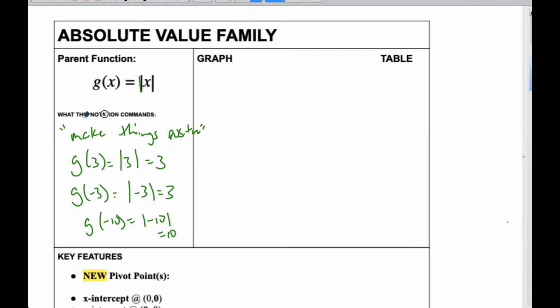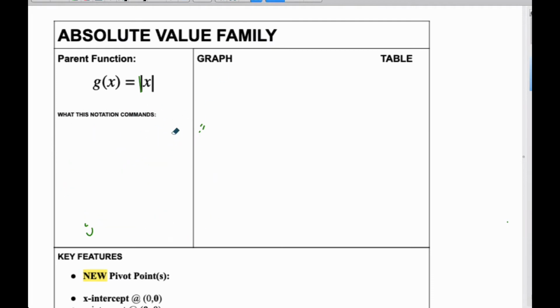The other way people can describe it geometrically is that the absolute value function considers the distance away from 0. Here's 0, and here's negative 2. This distance is a value of 2. So the absolute value of negative 2 means the distance away from 0 is 2.